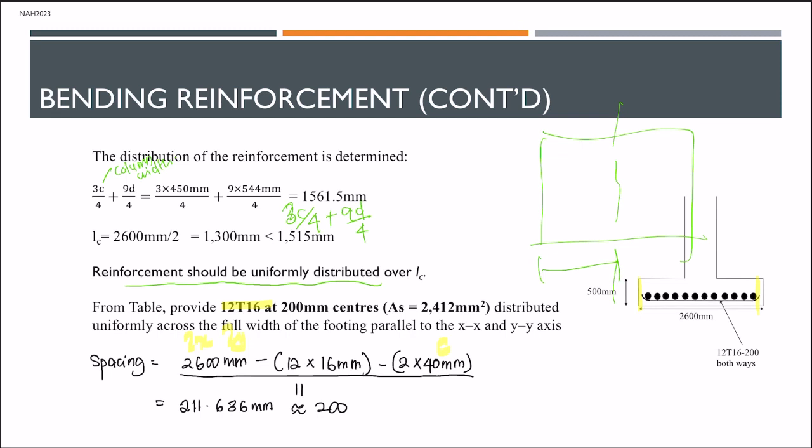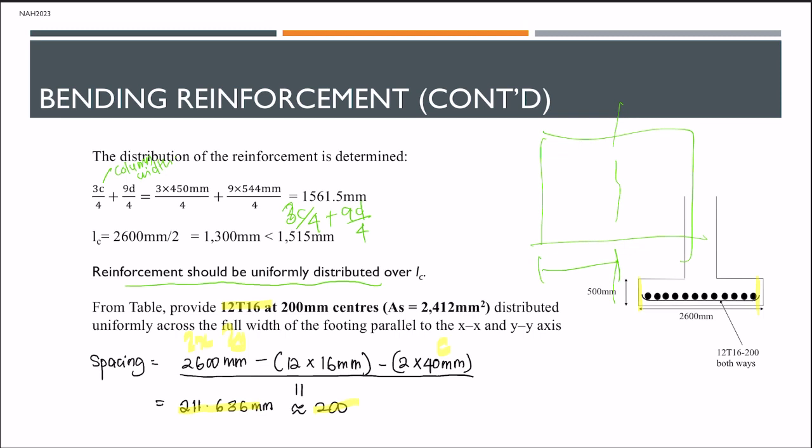So I get 211.636 mm, so we have to round it down because this is the maximum value, the closer the spacing the better. So I put 200, you can also put 210, no problem, just don't exceed this value. So I put 200 here.